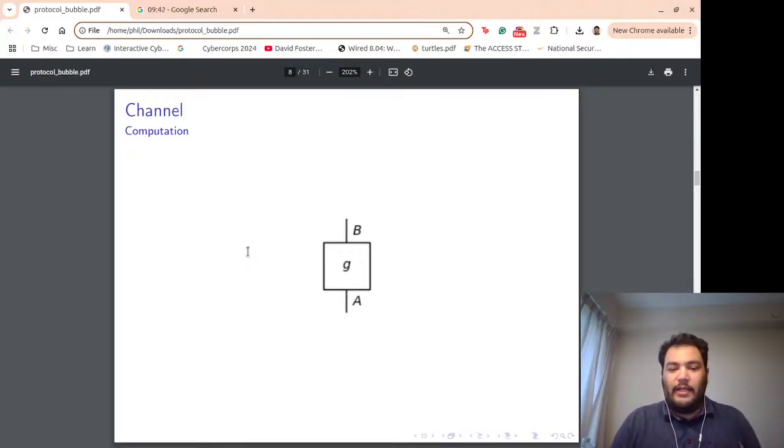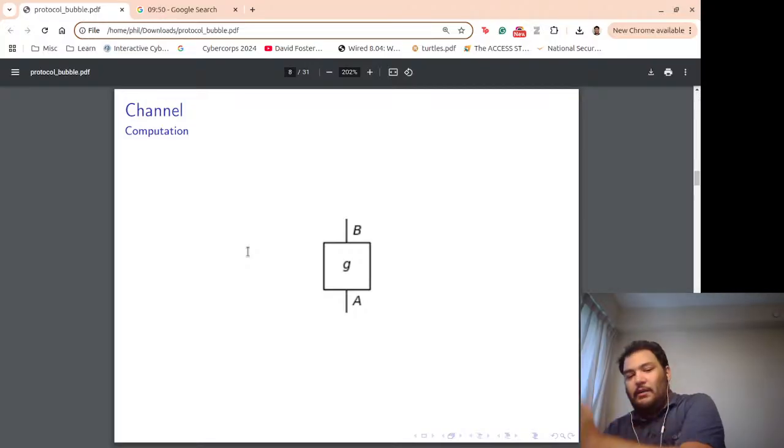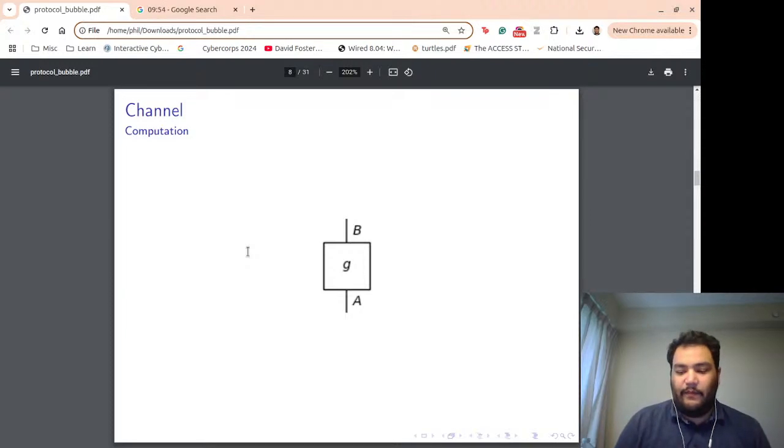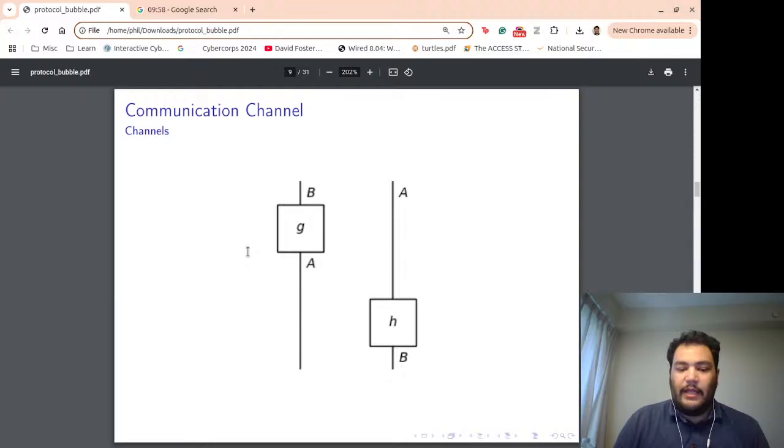And the way that she does that is by doing some computation. So Alice passes an input into the channel, which computes some message in the language that Bob is prepared to read it. Okay, and then there's another channel H from Bob to Alice.